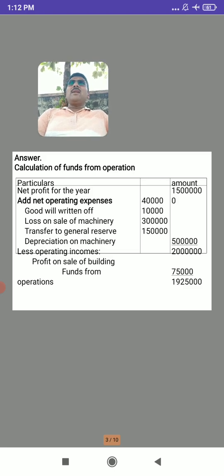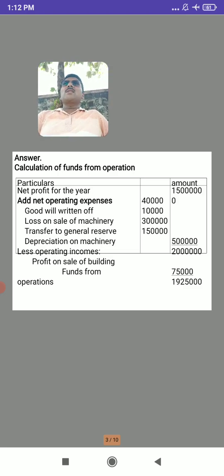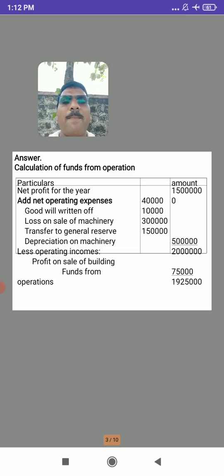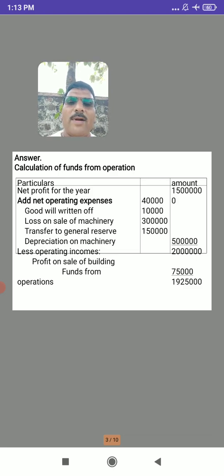Then from that total we have to deduct non-operating incomes like dividend received, rent received, income tax refund, or any profit on sale of investment or profit on sale of fixed assets. Such things are to be deducted from the total of net profit and non-operating expenses. Finally, the balance we get is known as funds from operation.